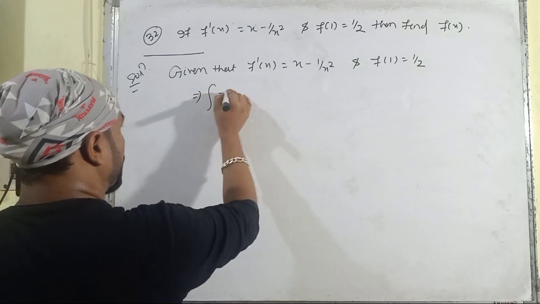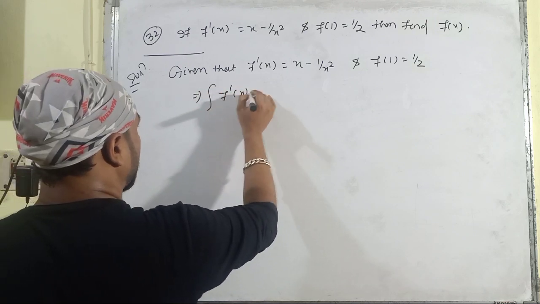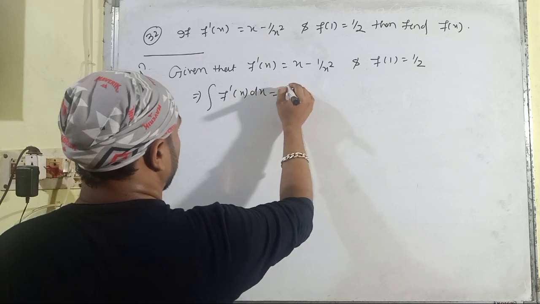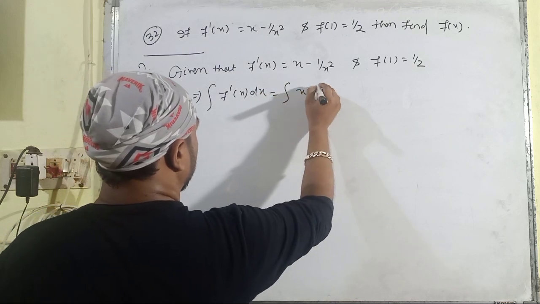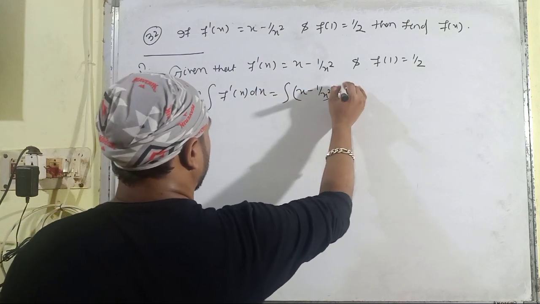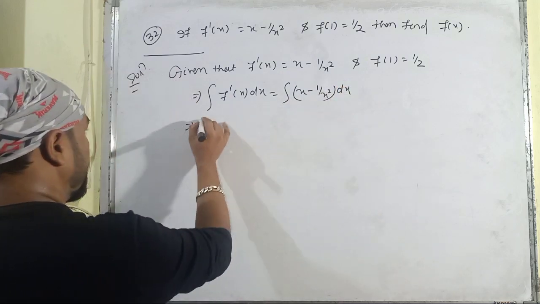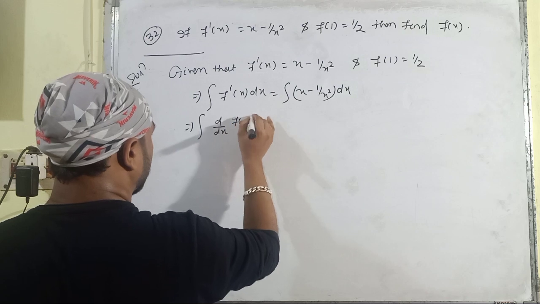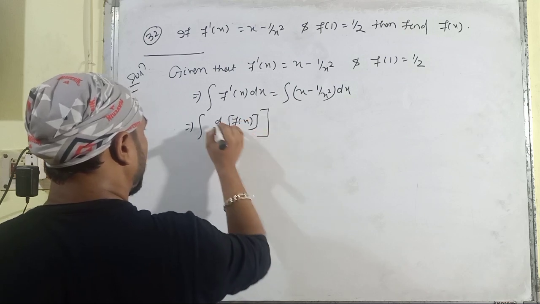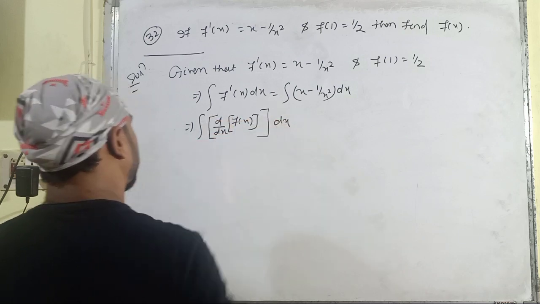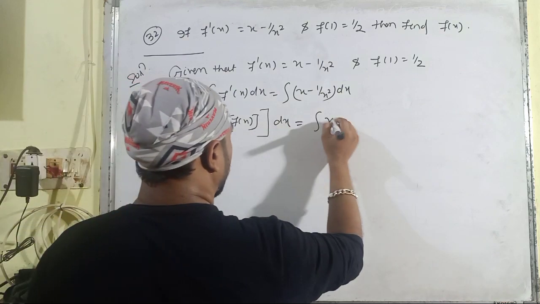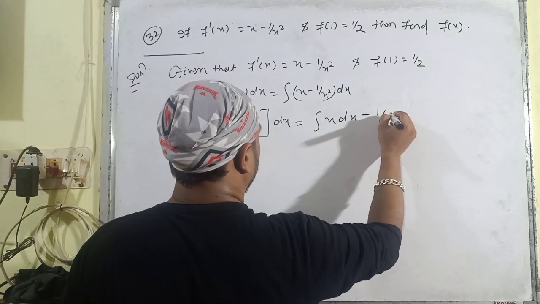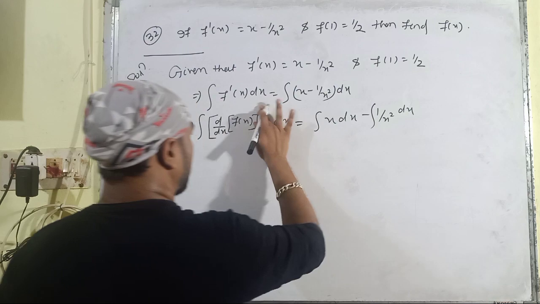Now integrating both sides, integral of f dash x dx, and again integrating the right hand side also with respect to x, then it is integral of differentiation of f of x. Then it will be integral of x dx minus integral of 1 upon x square dx.